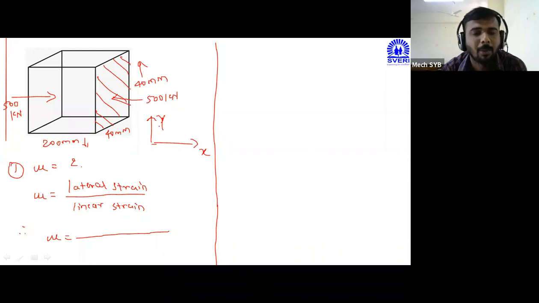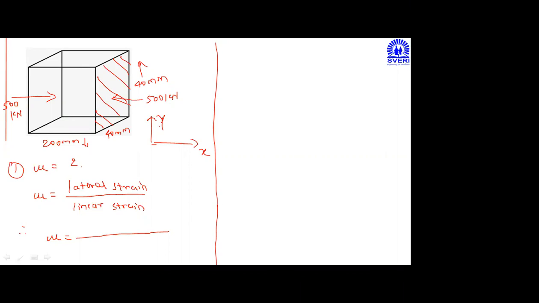X डायरेक्शन मध्ये. लिनियर स्ट्रेनची डेफिनेशन काय? ज्या डायरेक्शन मध्ये फोर्स अप्लाय झालेला आहे त्याच डायरेक्शन मधला स्ट्रेन आपण लिनियर स्ट्रेन म्हणतो. मग फिगर मध्ये 500 किलोन्यूटन फोर्स इज अप्लाइड इन X डायरेक्शन. मग कुठल्या डायरेक्शन मध्ये लिनियर आणि कुठल्या डायरेक्शन मध्ये लॅटरल असणार आहे? X मध्ये लिनियर आणि Y मध्ये lateral.